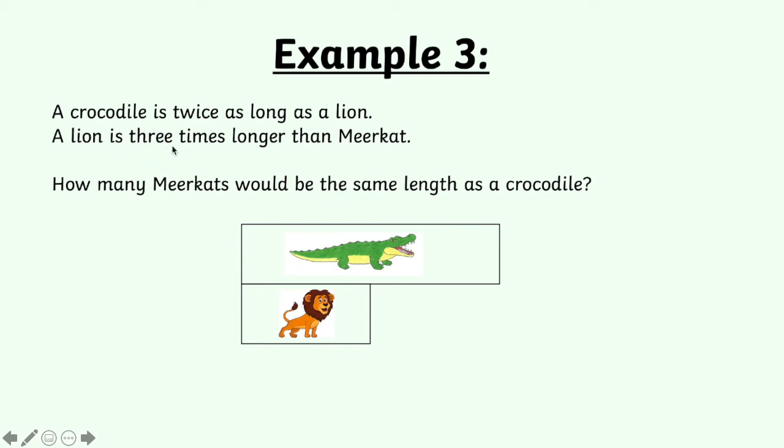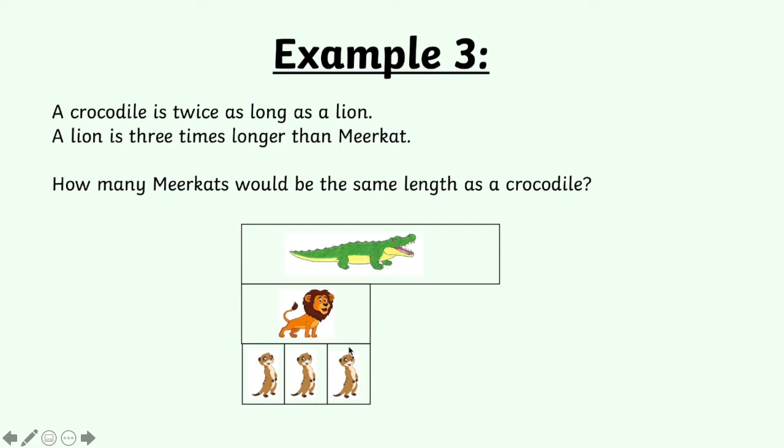A lion is 3 times longer than a meerkat. So we can draw that in here. Look, here's our lion, and in the length of a lion, you can fit the length of 3 meerkats. Okay, well now we're getting somewhere. How many meerkats would be the same length as a crocodile?